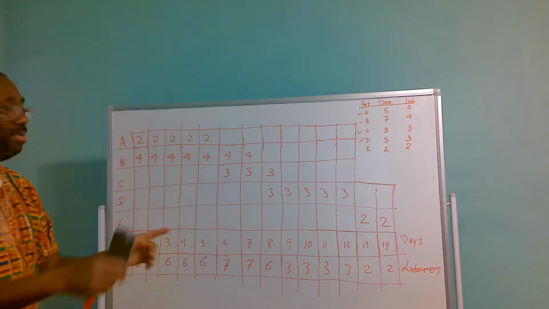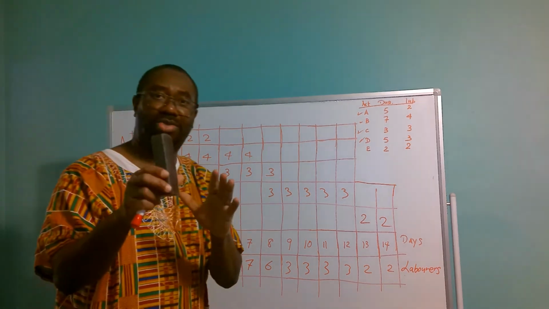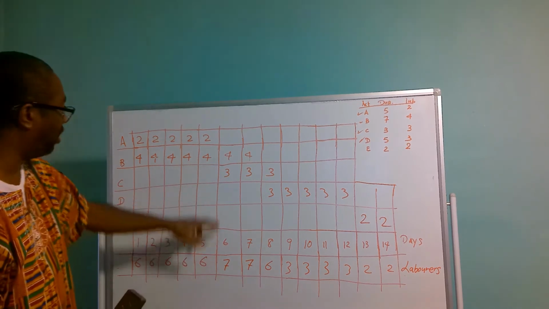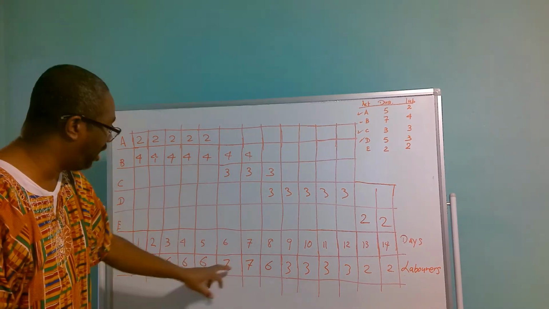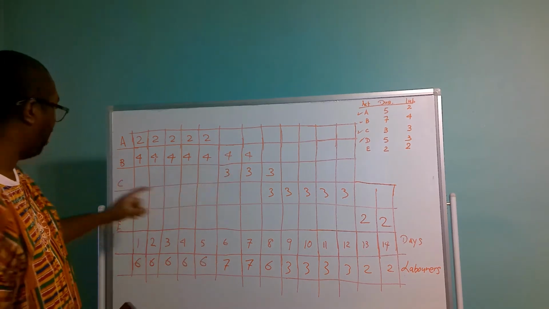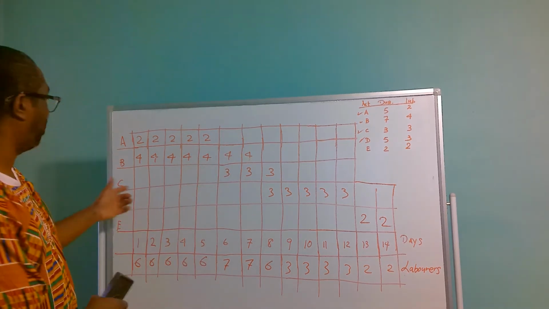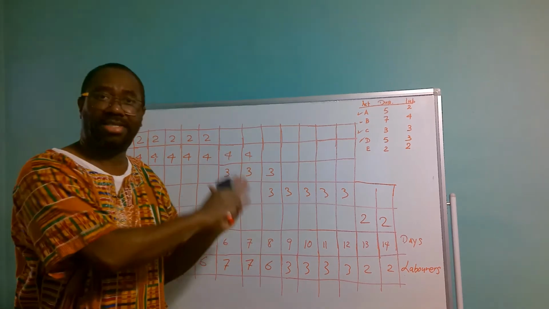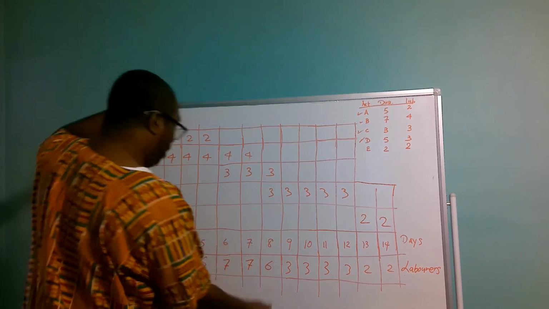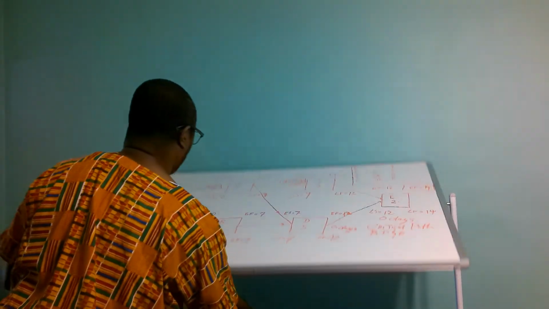But the activity that we want to adjust is really activity B, because these 2 days of 7 laborers fall under activity B and activity C. So activity C, we know based on our critical path, has no floating days. So let us go back to the chart and see what's going on for activity B.